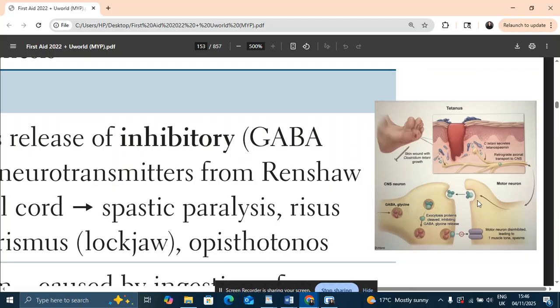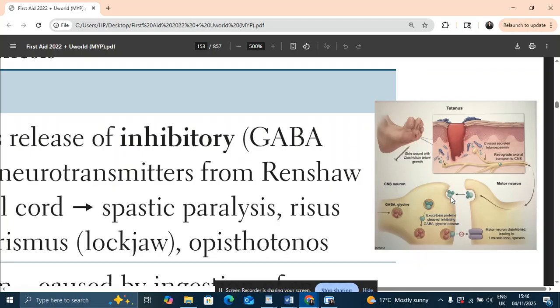This is the presynaptic terminal, this is the postsynaptic terminal, and this is the synapse. Glycine and GABA are the inhibitory neurotransmitters that inhibit muscle contraction, and they are carried by the SNARE protein.